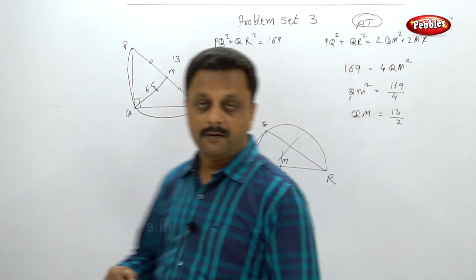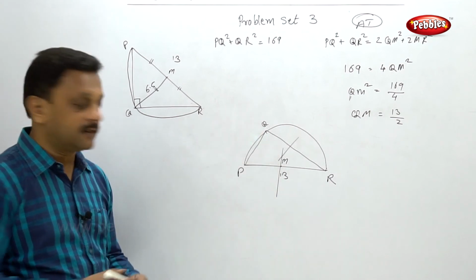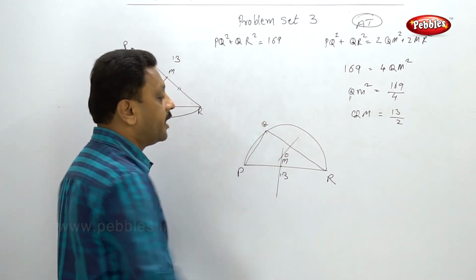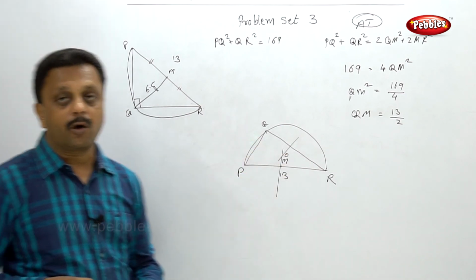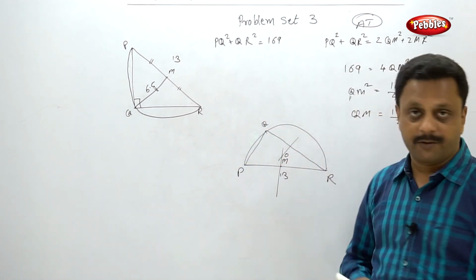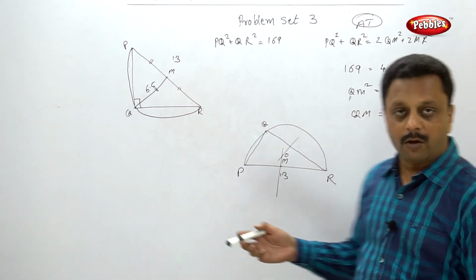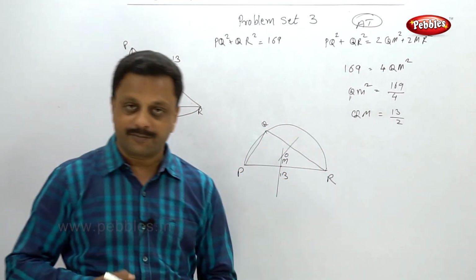Suppose this is O, the center. Taking the distance to any of the vertices as radius, you draw the circumcircle. That finishes your example. So this is also not a very difficult example, you just have to think a lot here.